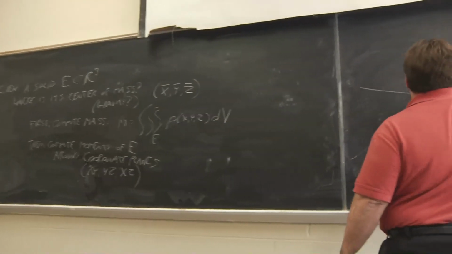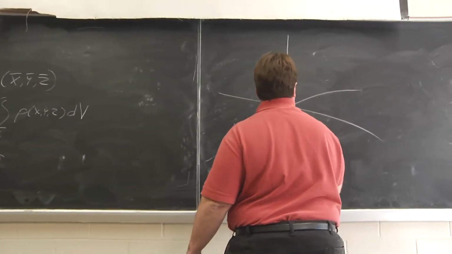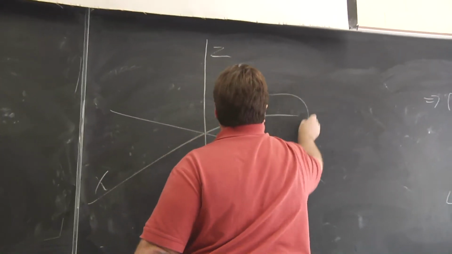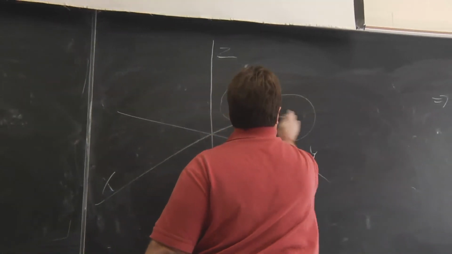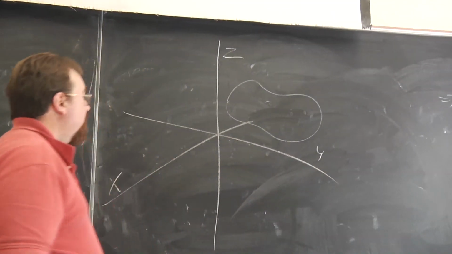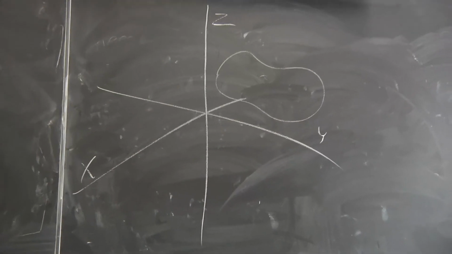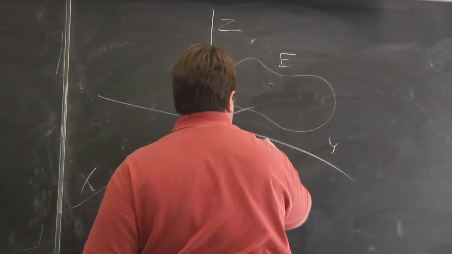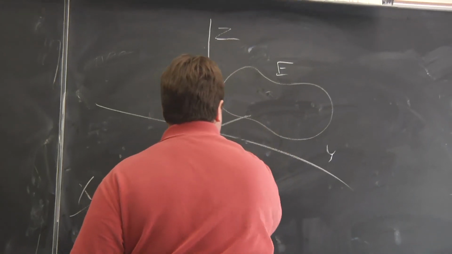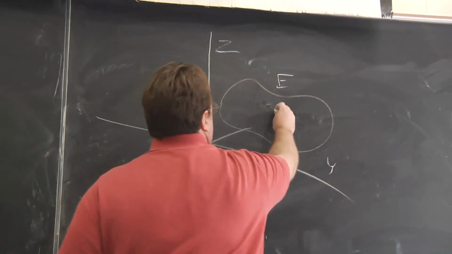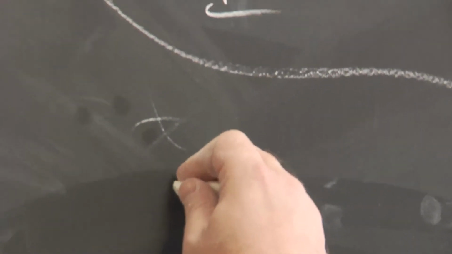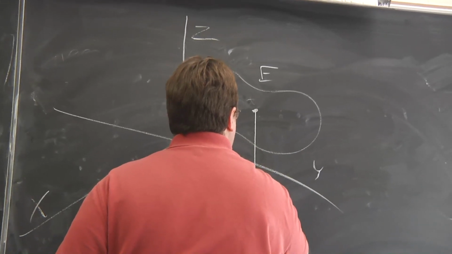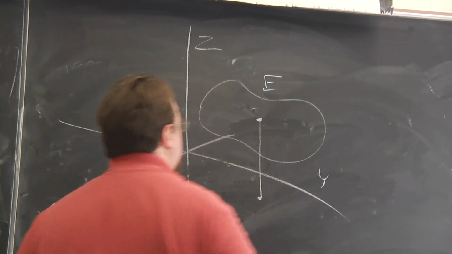So if we draw such an object in three-dimensional space, x, y, z, floating somewhere out here, and we want to compute the moment of this solid about the xy plane, here's the xy plane. We need to know at any point in the object what the distance is from that point to the xy plane.